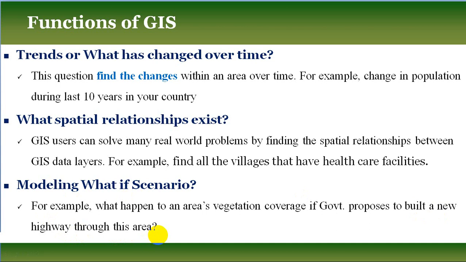Now if, before developing this sort of highway, the government first measures how much vegetation coverage will be affected if we develop this highway, then they can take a lot of precautions. So in such a scenario, modeling what if scenarios is very useful. Whether the government has decided to create a new nuclear power plant, and you know what the environmental hazard is.